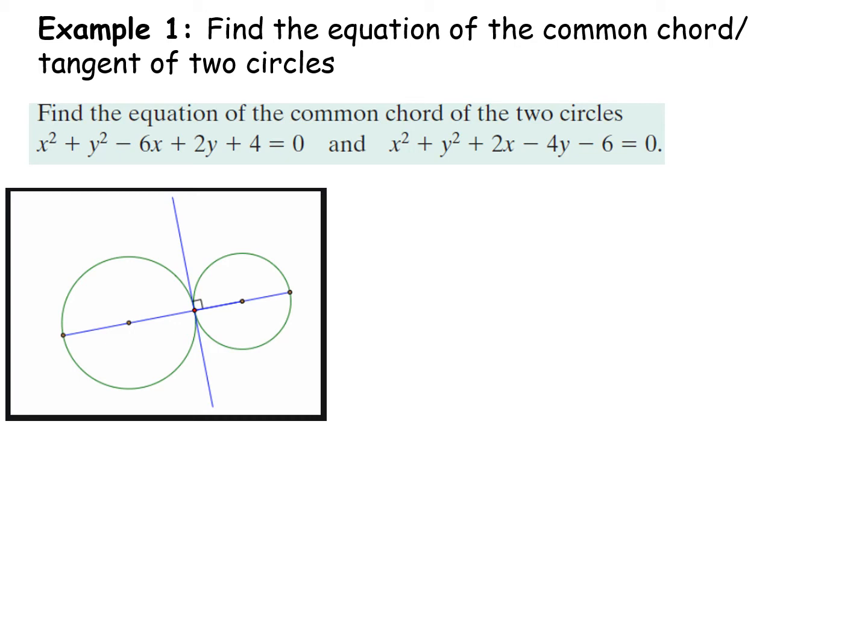The example says, find the equation of the common chord. So they've told us we're looking for a chord of the two circles x squared plus y squared minus 6x plus 2y plus 4 equals 0, and x squared plus y squared plus 2x minus 4y minus 6 equals 0.